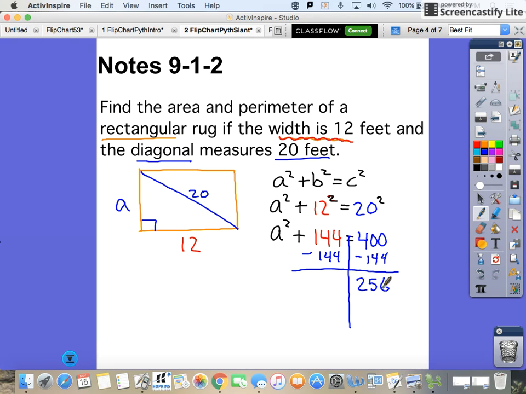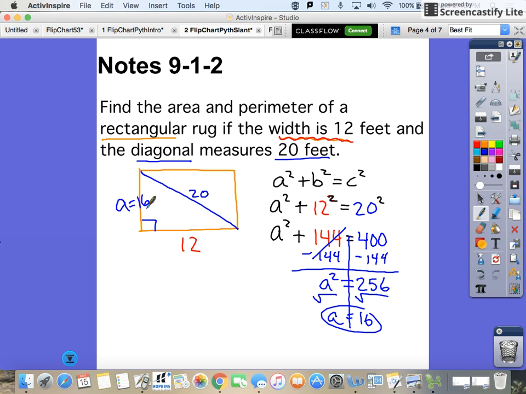We get 256, and all that's left over here is a squared. And then to get a by itself, we need to square root both sides. So a is 16. That means that the rug is 16 feet tall or long. The other missing side is 16.